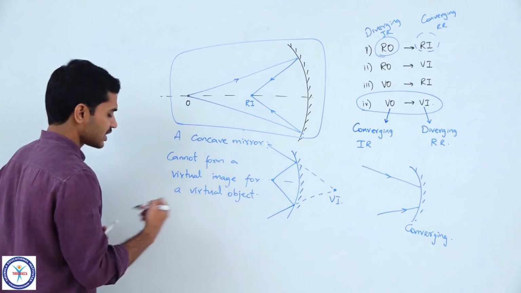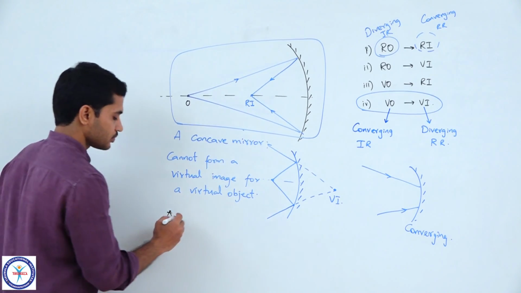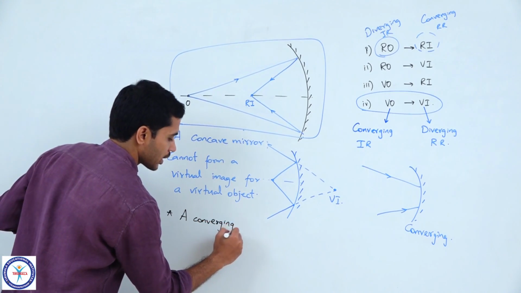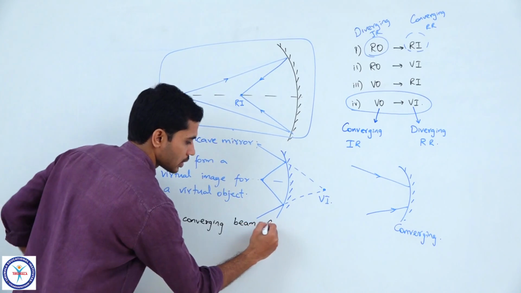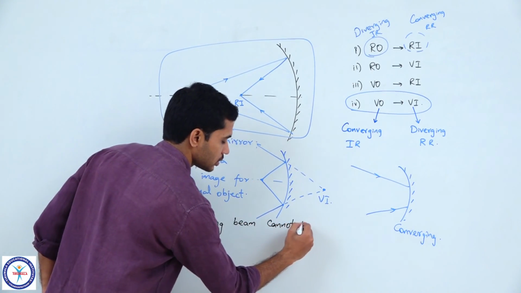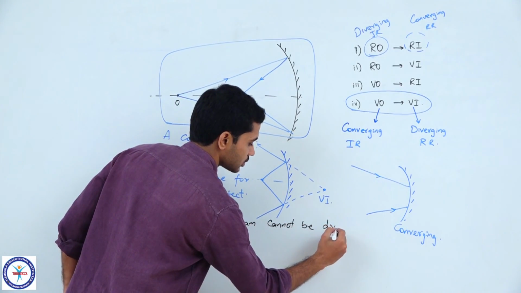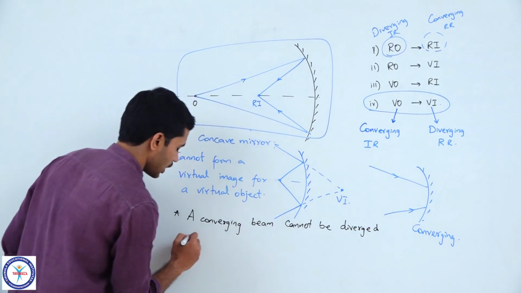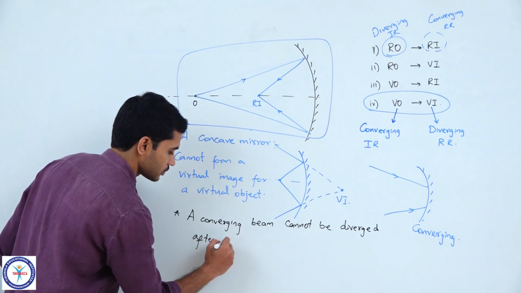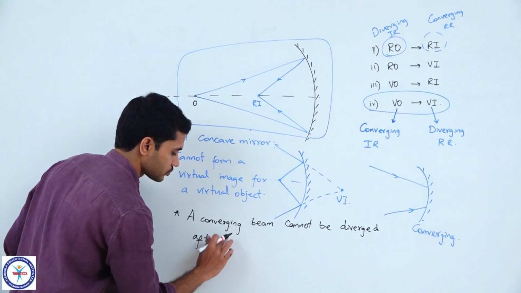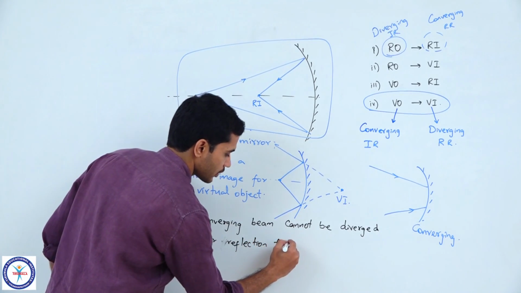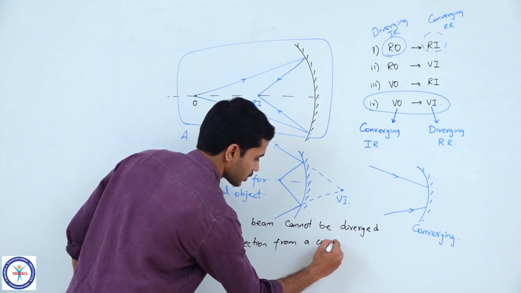So, the reason for this can be written like this: a converging beam cannot be diverged after reflection from a concave mirror.